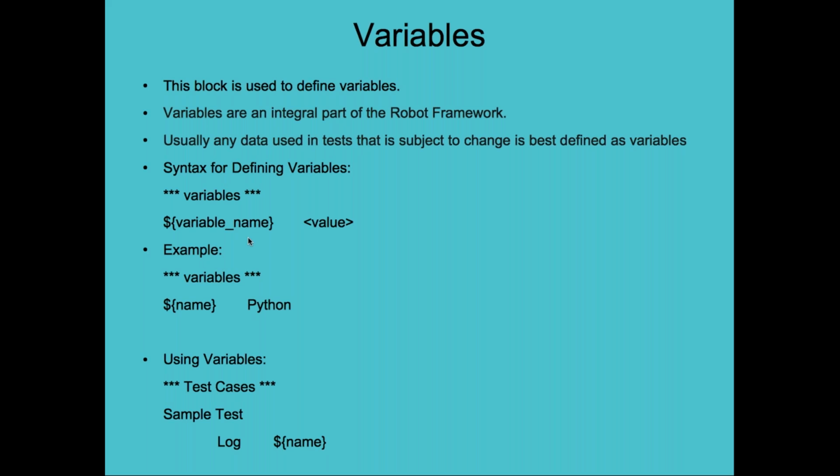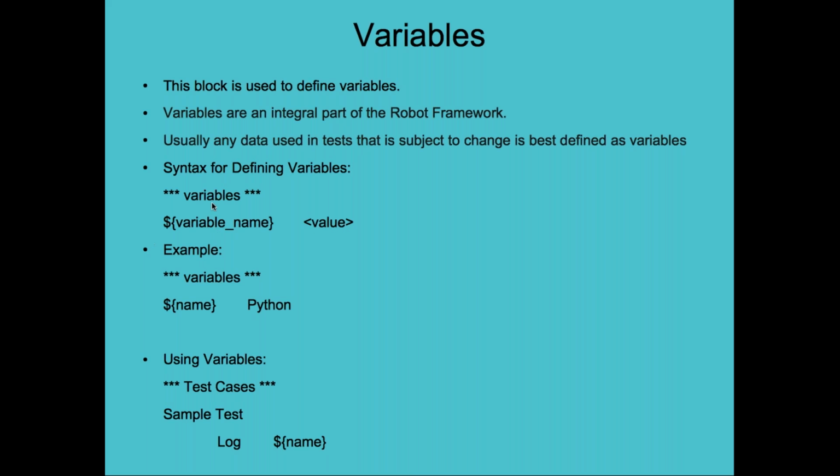If you want to use the version in your test cases, instead of giving the version name every time, you can create one variable and define it here, and use the variable name in the classes. If you want to modify the version, you change it in only one place, so it gives reusability. That is the reason we use variables.